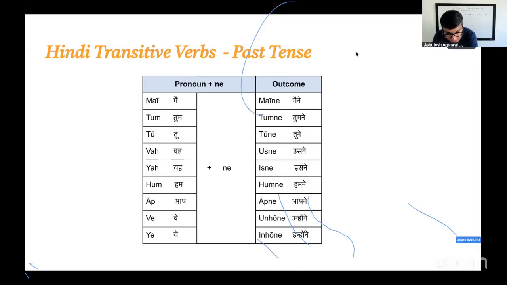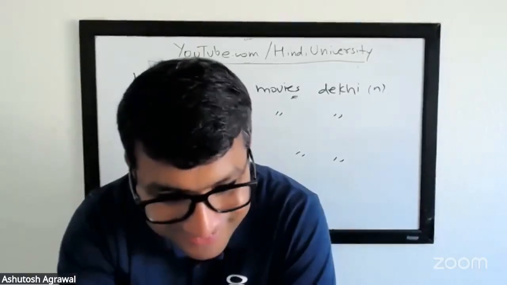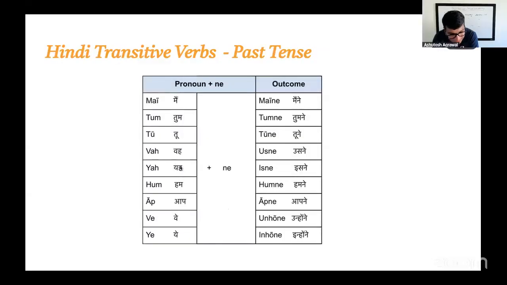So I think, give me 1 minute. I think someone probably is annotating. Okay. So यह, the oblique case, becomes इसने. Keep going, Natasha ji. Then हम becomes हमने. Okay. What is हमने?